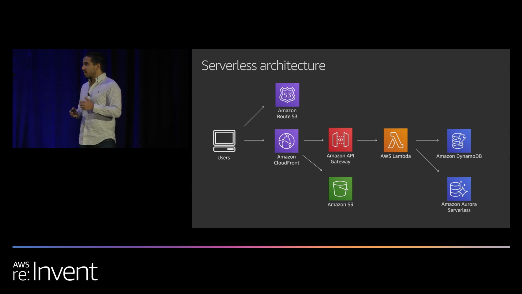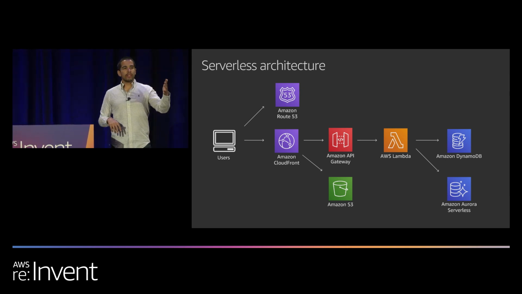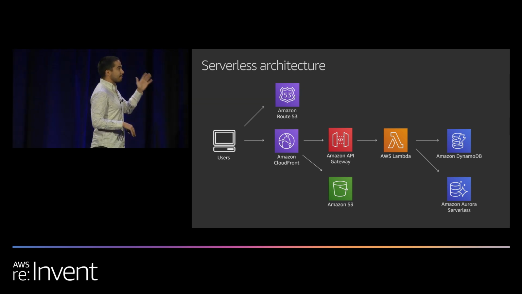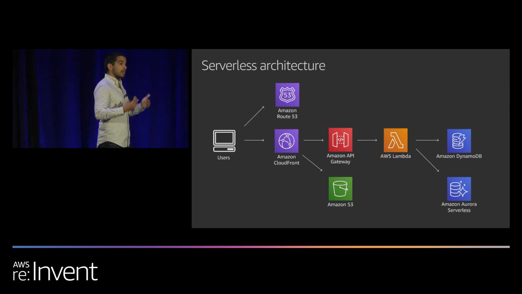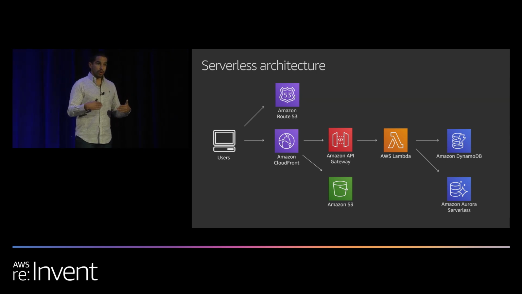We're going to start with a very standard serverless architecture. Here we have, let's say, a web application that you have on Amazon S3. You are delivering that to your users using Amazon CloudFront, which is our programmable CDN. You're exposing your application APIs or your microservices APIs using Amazon API Gateway. These are the front doors to your application.